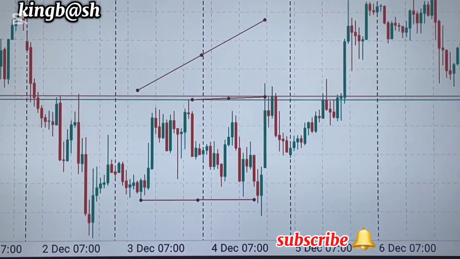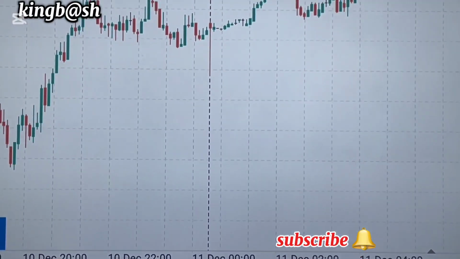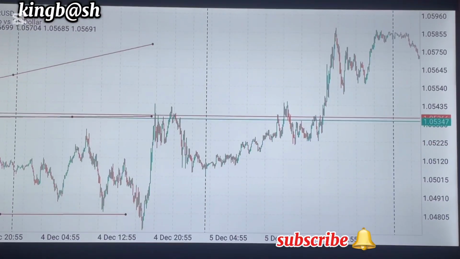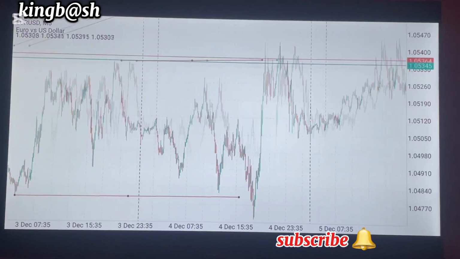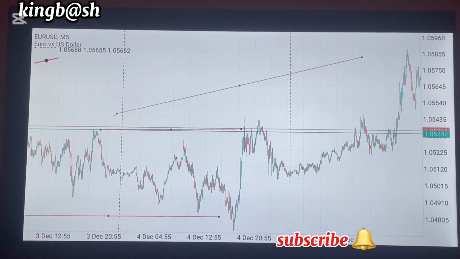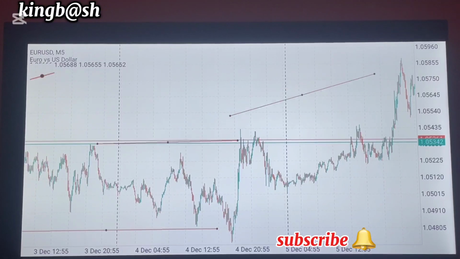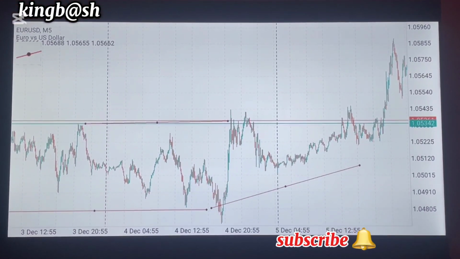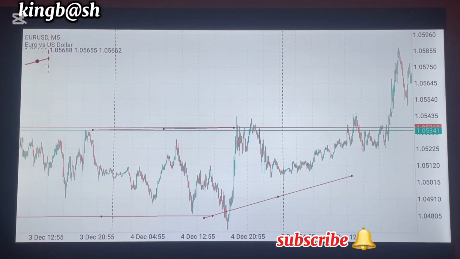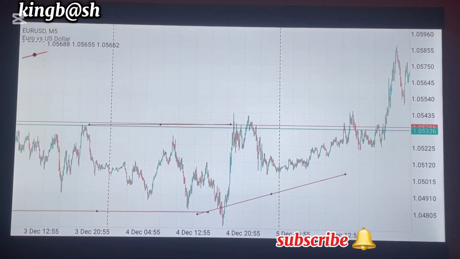Now on the 5 minute time frame, you can see this was the previous day's low we marked recently on the 1 hour time frame.